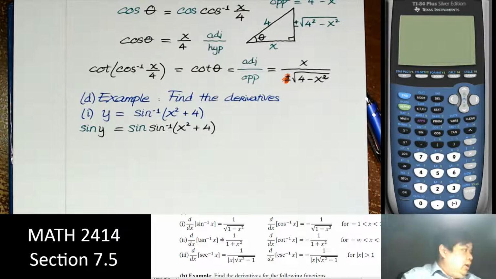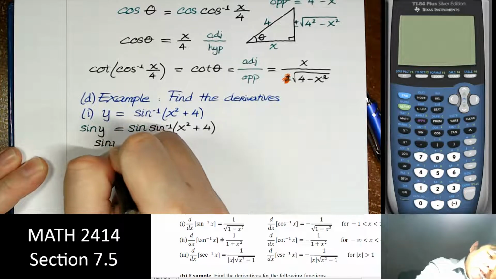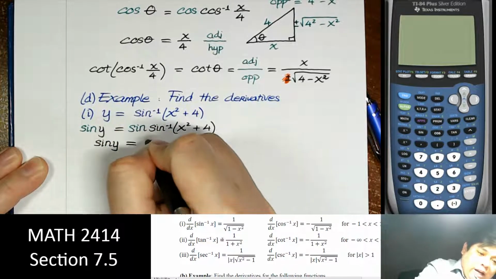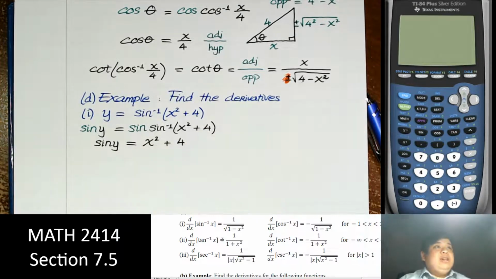The sine and the sine inverse cancel out. We have sine of y equal to x squared plus 4. So that's pretty simple there, right?